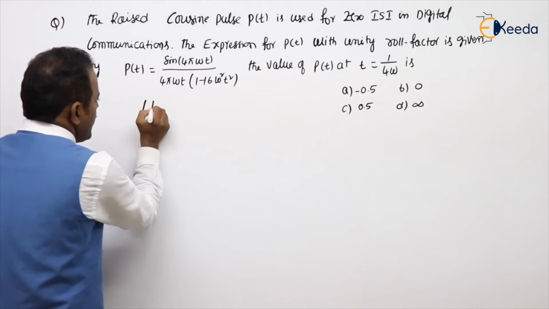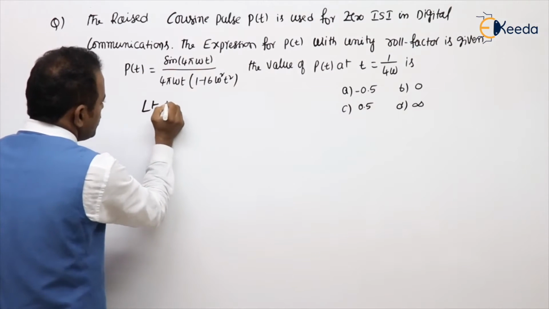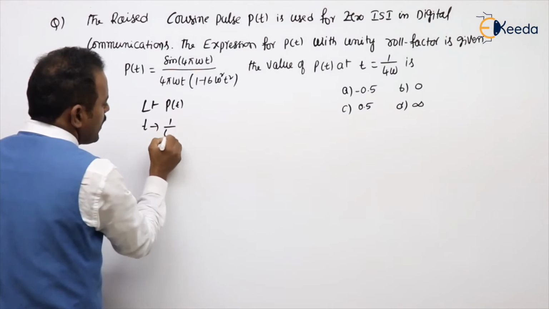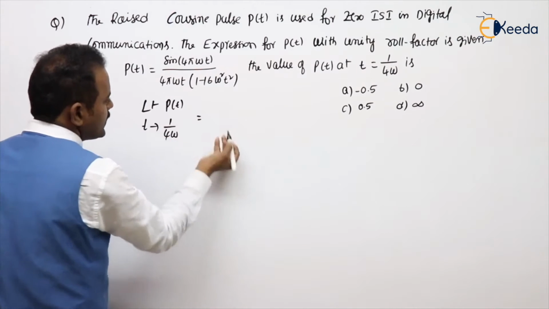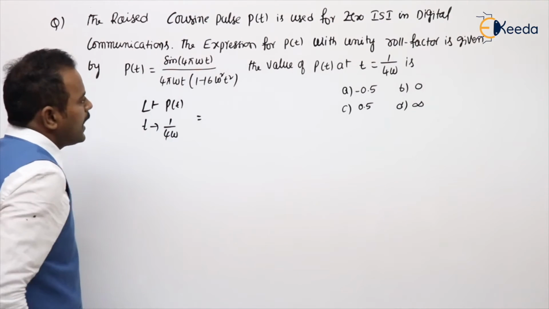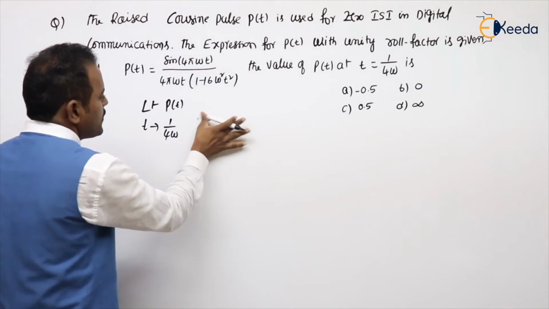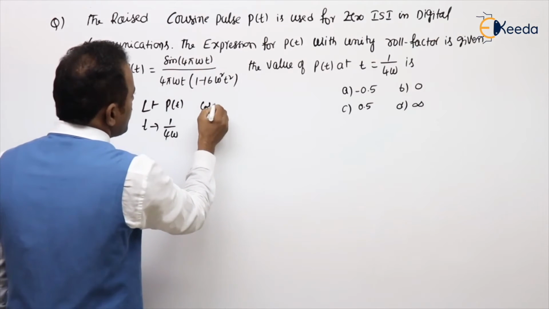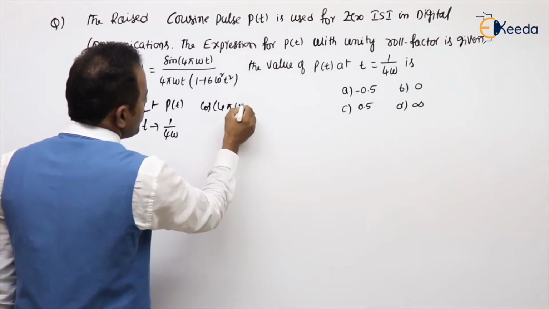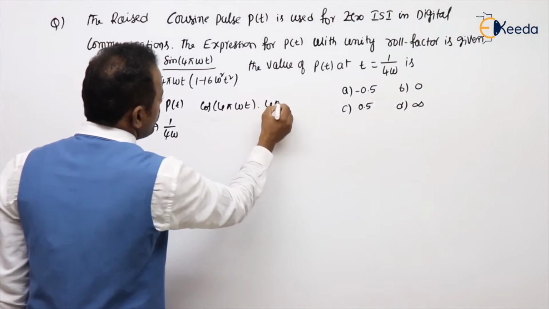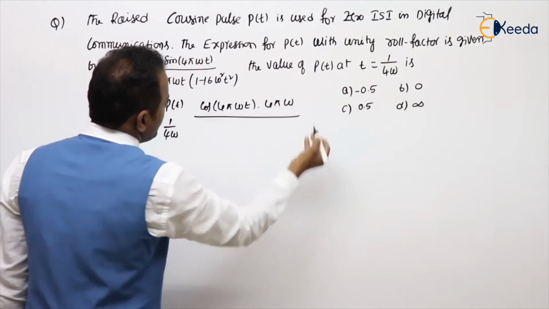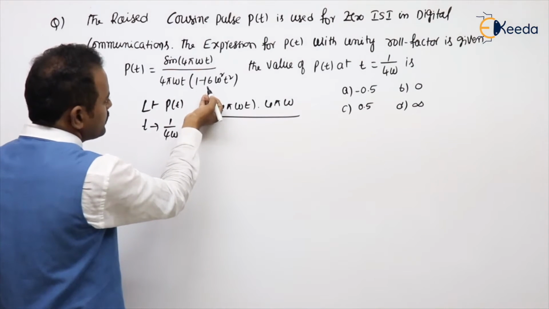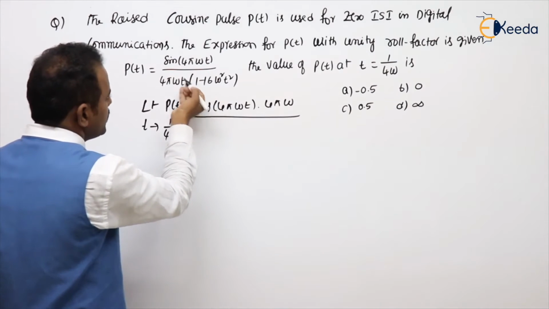So limit of p of t as t tends to 1 by 4 omega. By the L'Hospital rule, the differentiation of sin is cos 4 pi omega t into 4 pi omega, divided by, here you can see the UV rule. Are you observing my point or not?